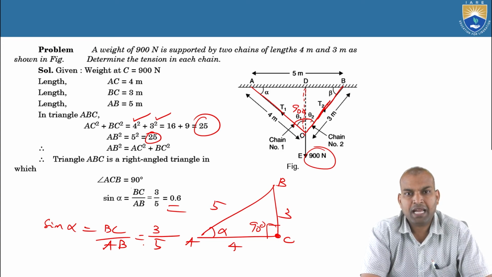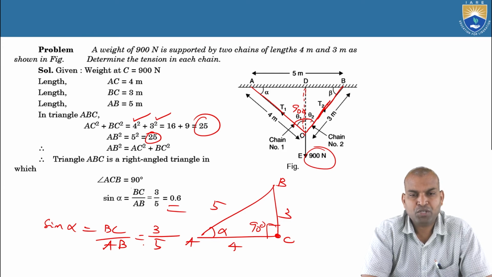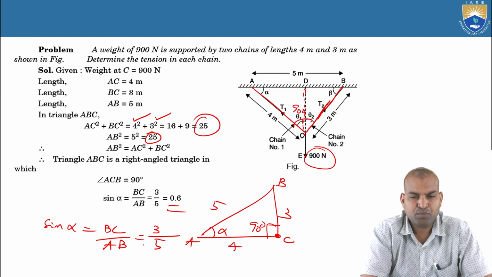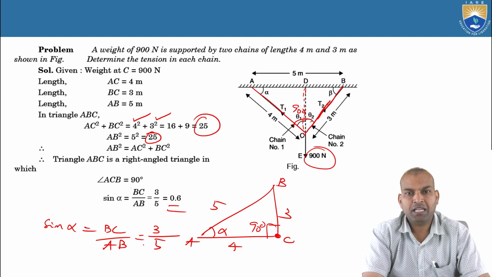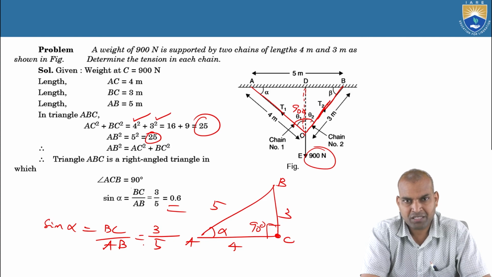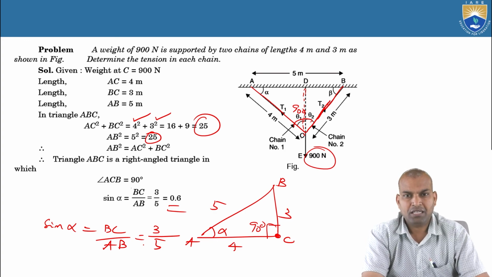In model 1, the angles between the chains T1 and T2 and E are given, and T1 and T2 are calculated. In model number 2, only the lengths of those chains are given and the angles between them are found, and tensions T1 and T2 are calculated by using Lami's theorem.